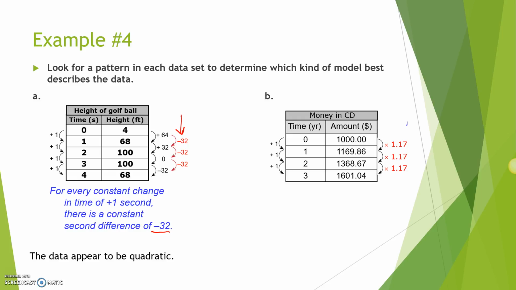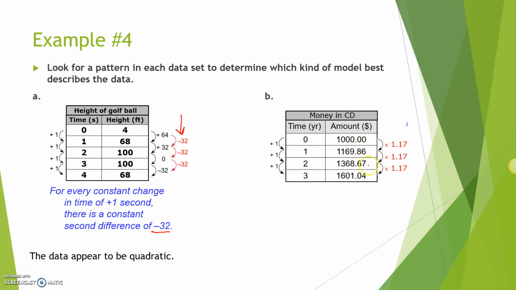If we look at the second table, this is the money in CDs. So we have our X representing the time in years, and then our Y is representing our amount of money. So in 0 years, it's going to be $1,000. And then it goes up. So our X values increase by 1.